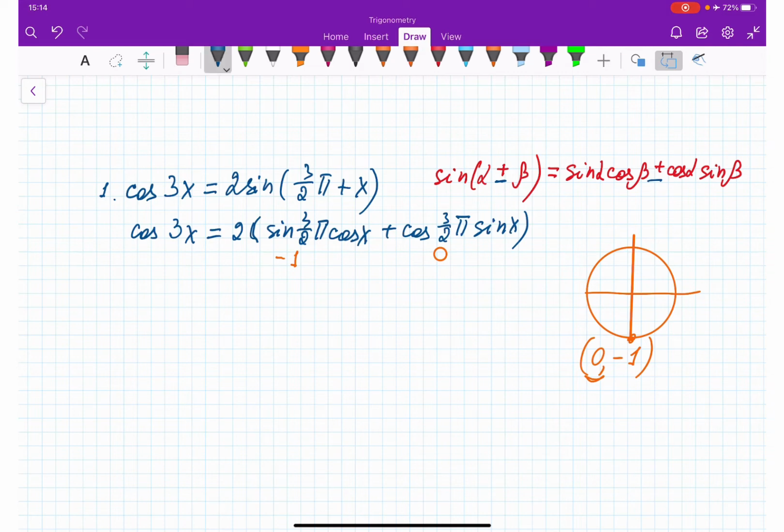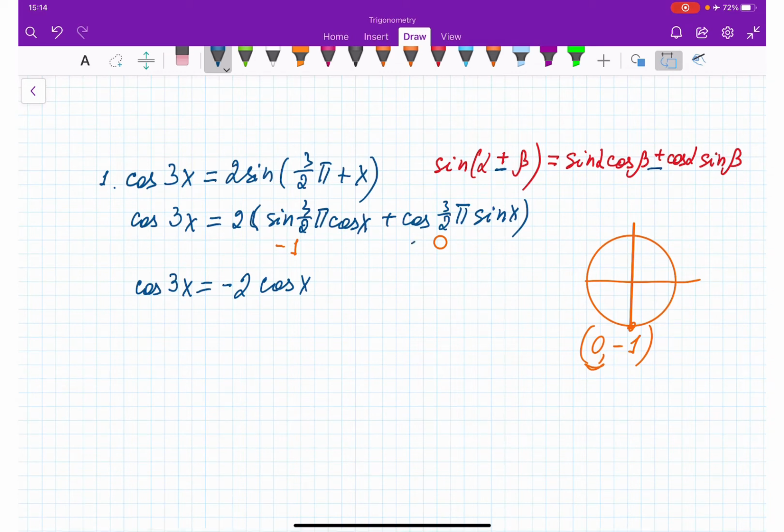So from here we are getting cosine 3x is equal to, since sine 3π/2 is -1, -2 cosine x, right? Okay, -2 cosine x.